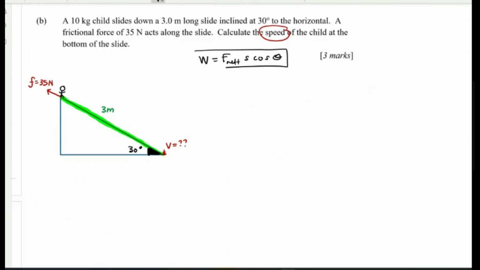Awak boleh kira work, and then you boleh kaitkan work dengan the change of the kinetic energy, work energy theorem. Okay. Jadi untuk yang pertama, macam mana you nak kira W, F net S cos theta? So for the first one, okay, you lukislah free body diagram. Kan? You lukis free body diagram. So dia akan jadi macam ni lah.